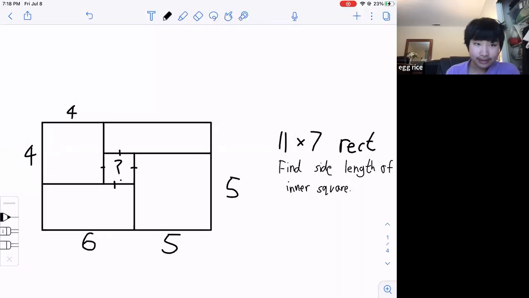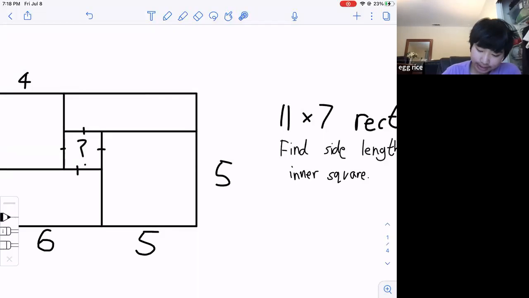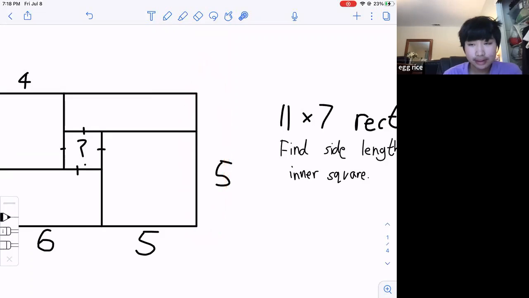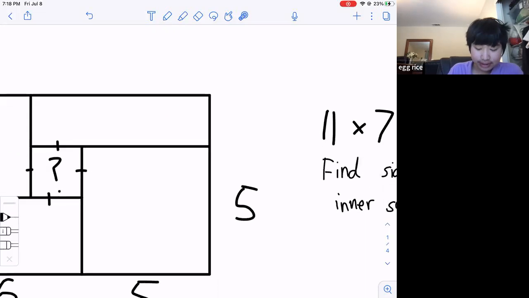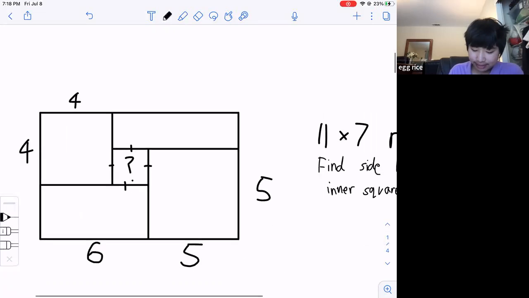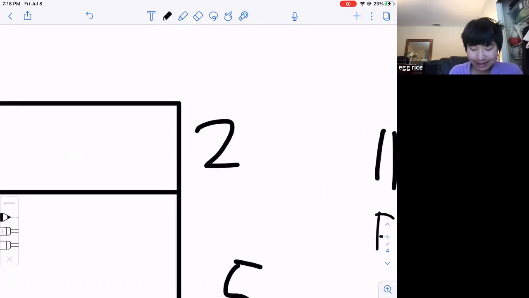So the side of 7, are you saying this side? Like this one? And so the side of 7, 5 plus 2 equals 7. Yeah, that's a very good way to find this length here.